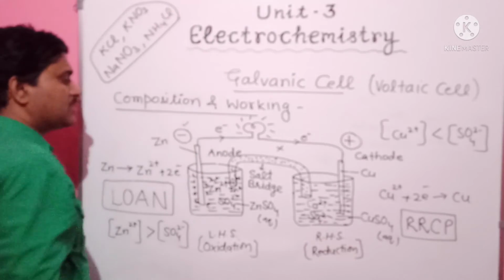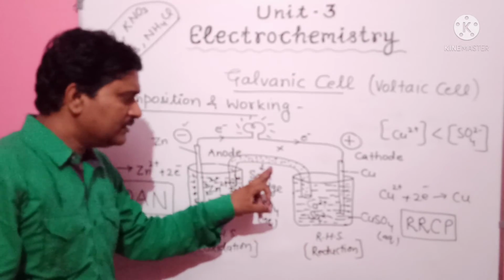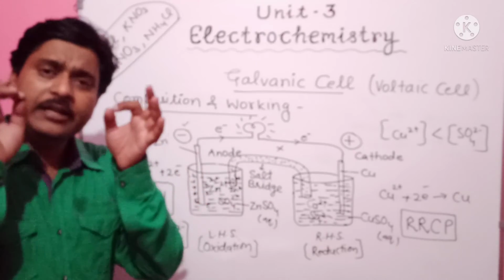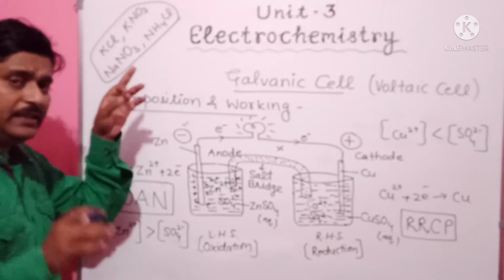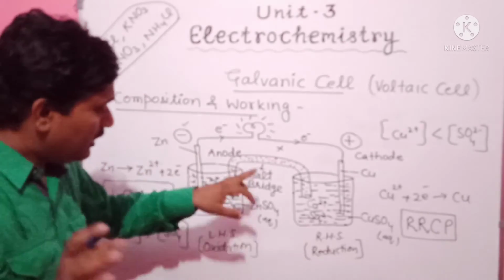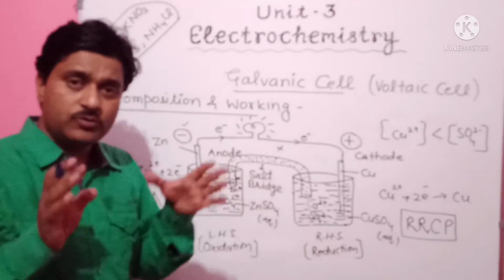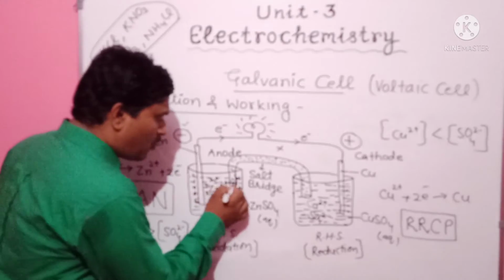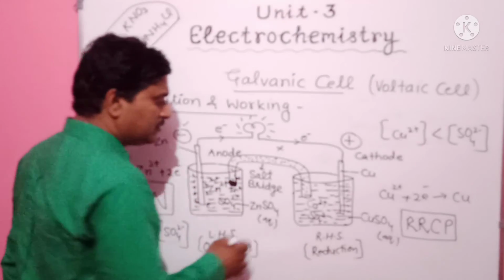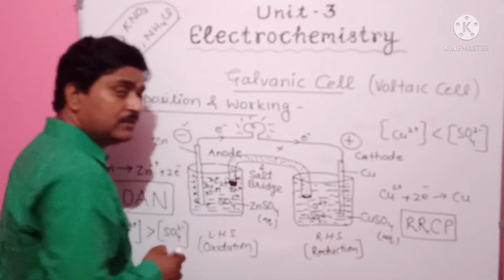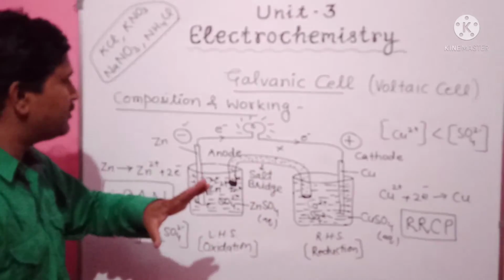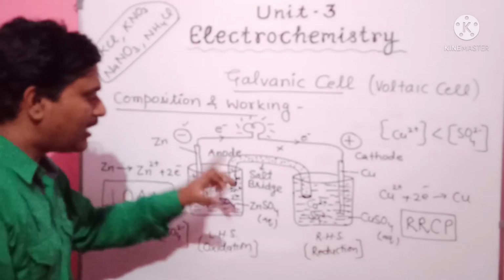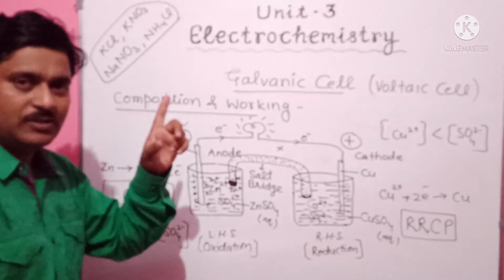These substances may be filled in an inverted U-tube. These substances should be electrically neutral. When they are filled in a U-tube, a cotton plug is put in its mouth and the other end is packed, that inverted U-tube is said to be a salt bridge.